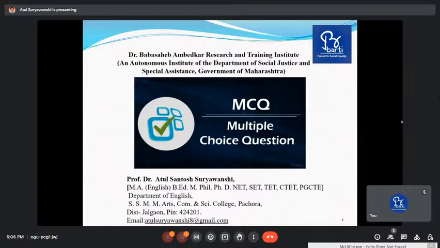Yesterday, we studied the short story. We studied the important elements of the short story, a few principles and tenets, and the characteristics and features of the story. After that, we studied select classical short stories in English, which are quite popular and very important for the sake of NET and SET exams.